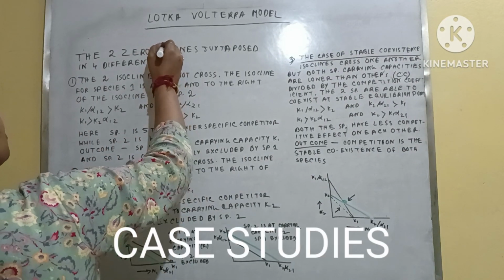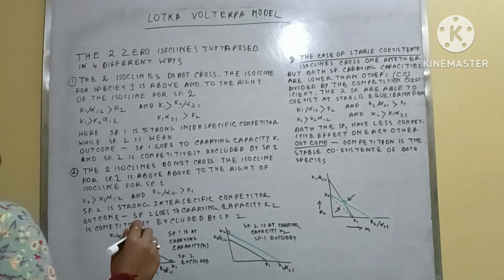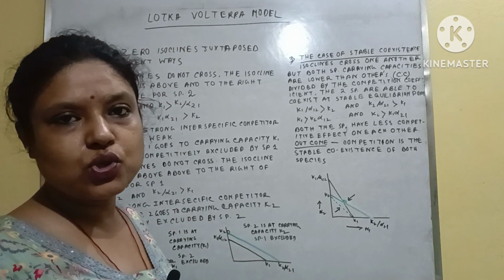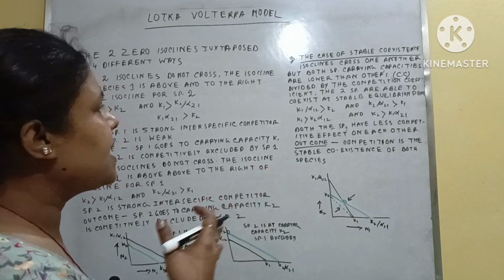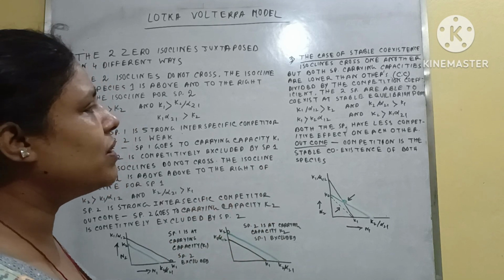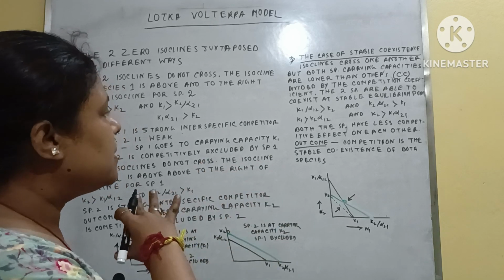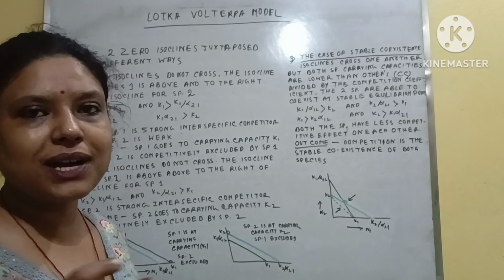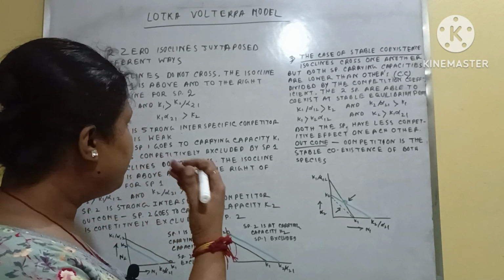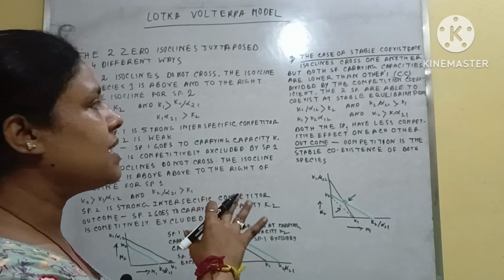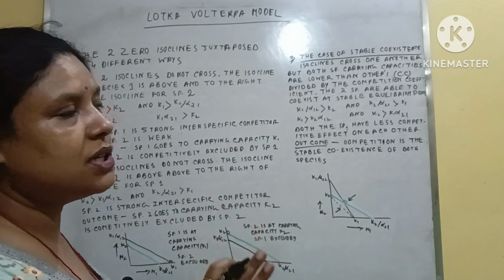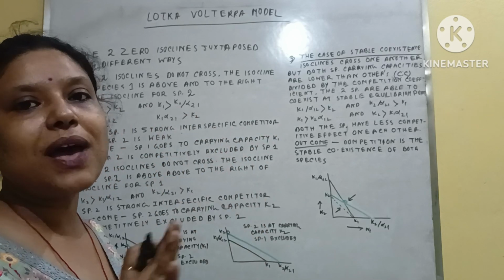So what are zero isoclines? I have already explained that. These terms and others, that is carrying capacity and alpha 12, alpha 21, are all stated here but not explained here. So before going to this topic, you have to understand what carrying capacity is and what alpha 12 is. That means you first have to learn this model.